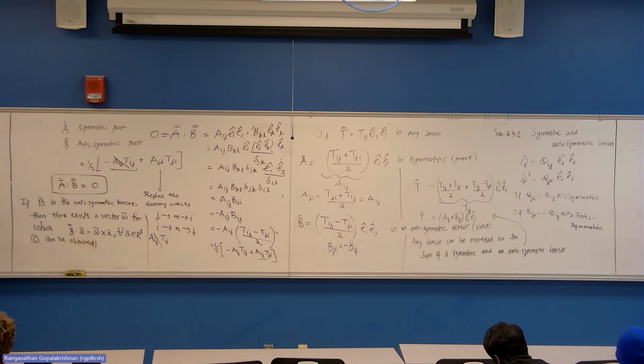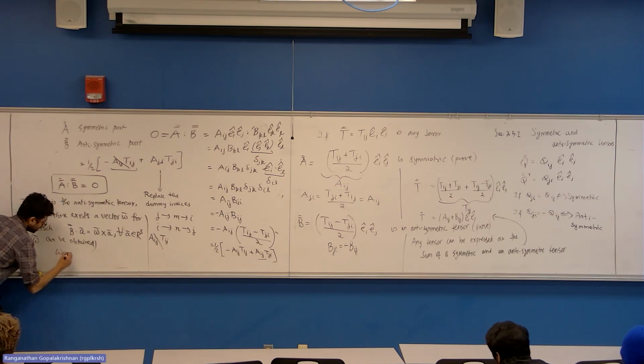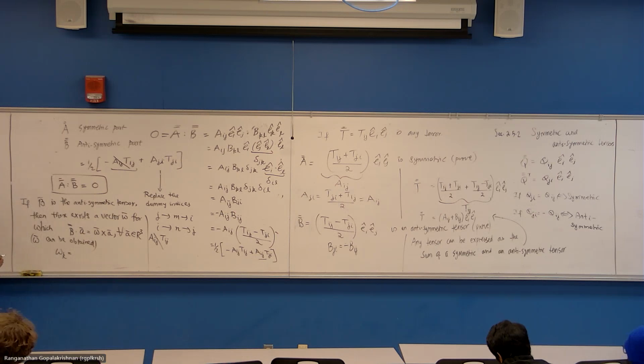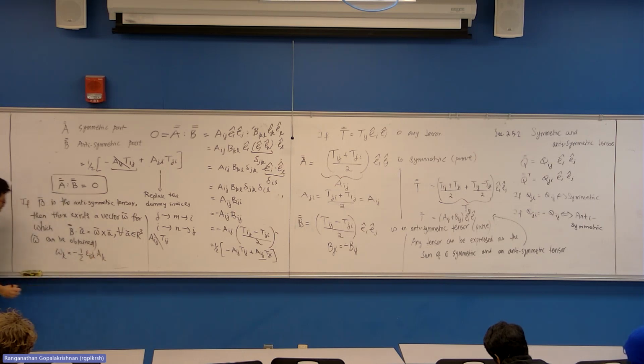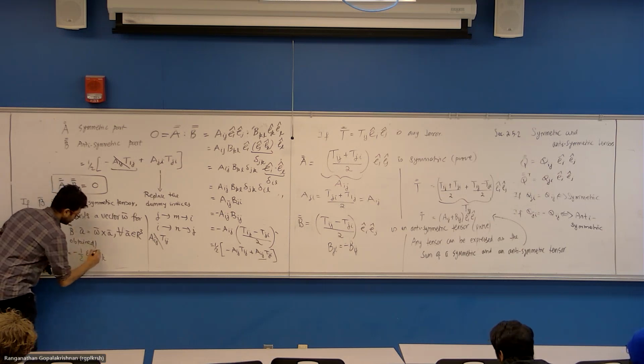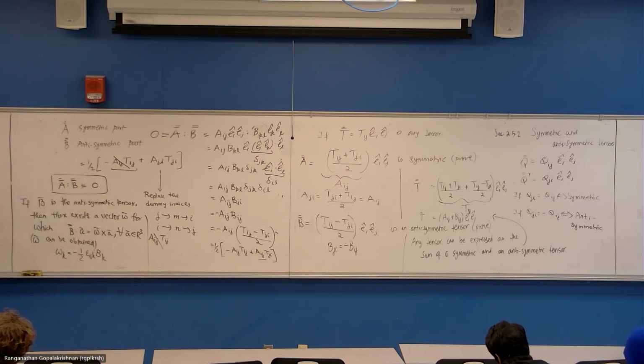You would obtain W as Wk equal to minus 1/2 epsilon ijk times Aij. Prove this.